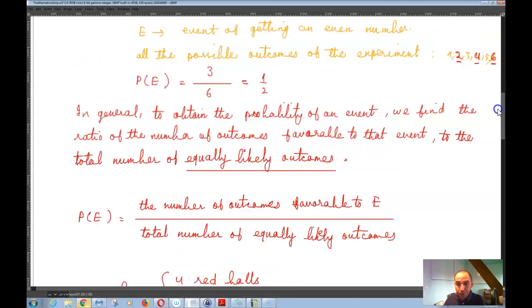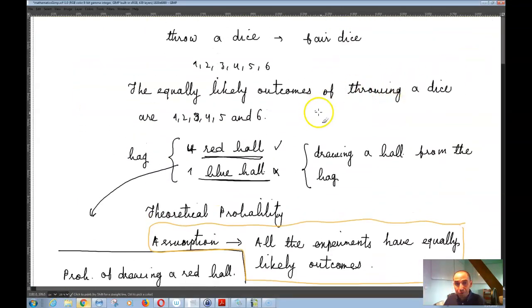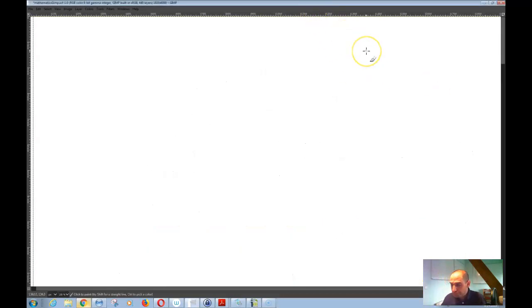Okay, so now let's see what random experiments are. Basically, in our day-to-day life we perform many activities which have a fixed result no matter how many times they are repeated.